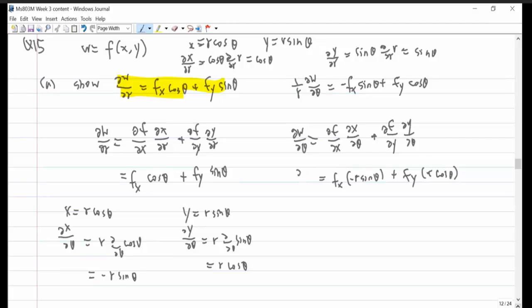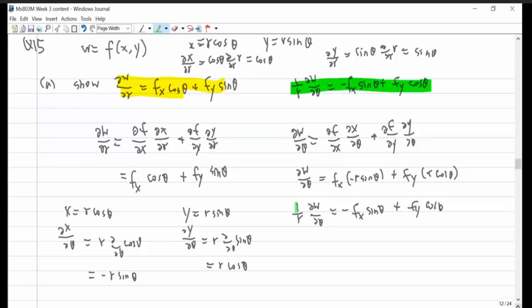So this is the partial differentiation of f with respect to theta. So now divide both sides by r. So 1 over r partial w partial theta, you get minus f_x sine theta plus f_y cosine theta. So this is the second one, which is the same as here now, right?